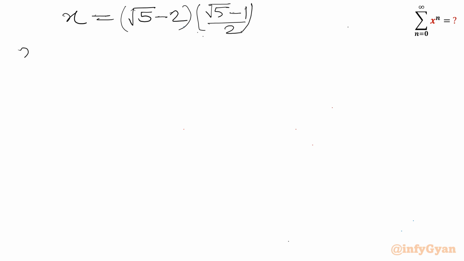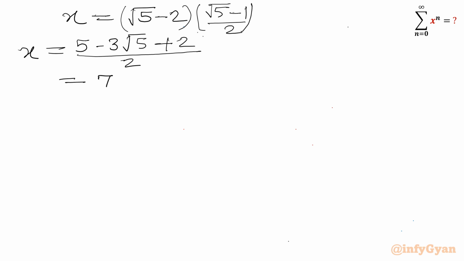Now I need to multiply, x equal to, denominator will be 2. √5 times √5 is 5, minus √5, minus 2√5, minus 3√5 plus 2. So this value becomes (7 − 3√5) over 2. This is our x.